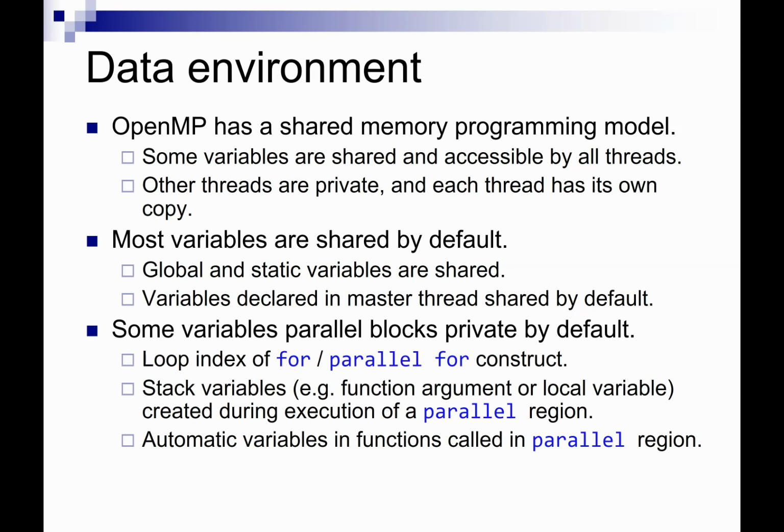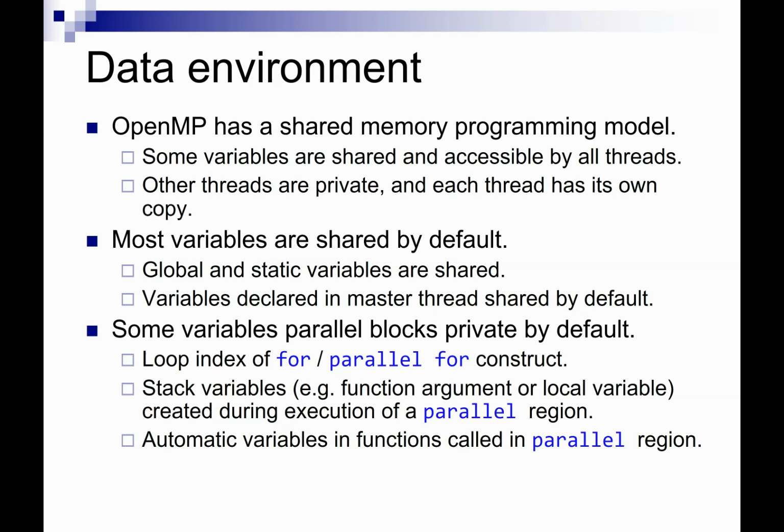Those index variables are private by default because if you have multiple threads all doing this parallel for, then of course you don't want them to use the same index, because the different threads are doing different iterations of this parallel for. Therefore each thread needs to have its own index into the for loop.